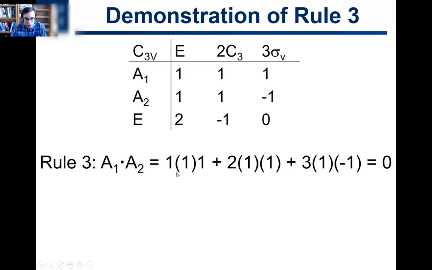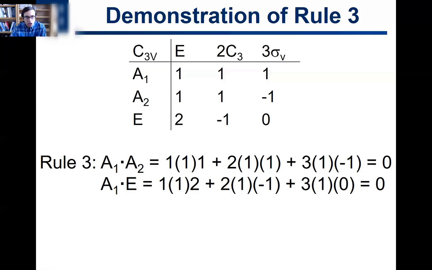So I have 1, 1, 1, 1, 1, and 1. And I have 1, 1, and negative 1, 1, 1, and negative 1. Those should always have to be equal to 0. Otherwise, something's wrong with your character table. Okay, you didn't copy it down wrong, or if you're deriving it, you did not derive it correctly. So all the permutations, the dot products, are going to be perpendicular.